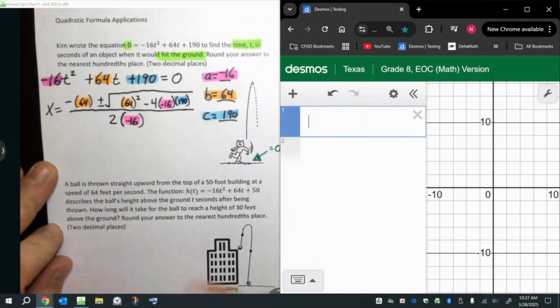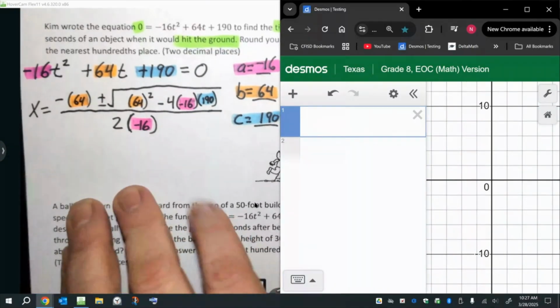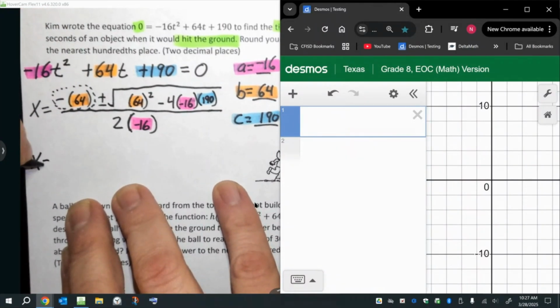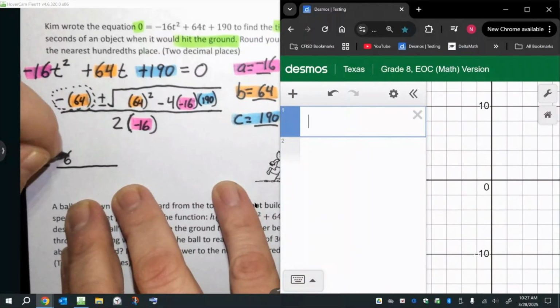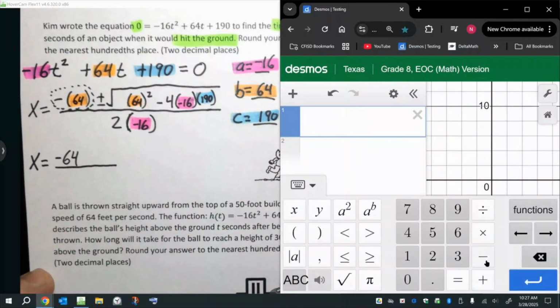All right, so now we're ready to calculate some things. The first piece to this is the opposite of what we see here. I see a 64 inside the parentheses, so with the negative out here, it's going to be negative 64. And if you recall, we had a little hiccup.